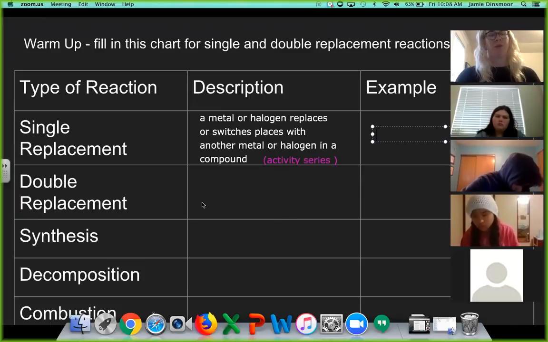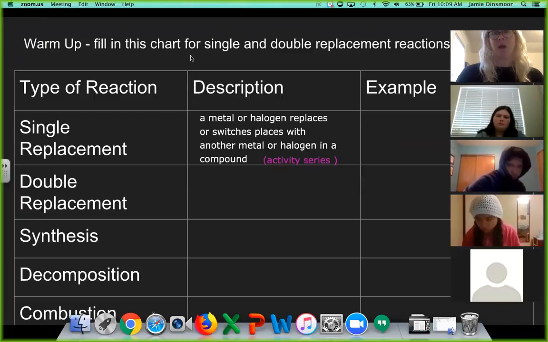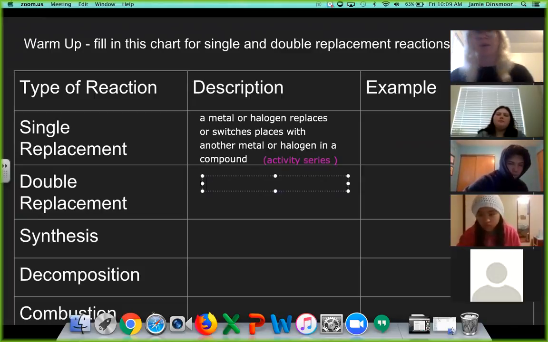All right, we'll wait for an example, but at the same time, if you don't know an example, but maybe you know a description for a double replacement reaction, if you want to go ahead and pop a possibility for that into the chat, or an example of a single replacement reaction. Again, feel free to use your notes. Feel free to Google looking for an example that would represent this.